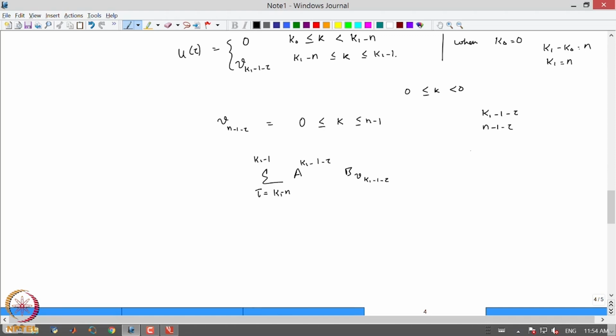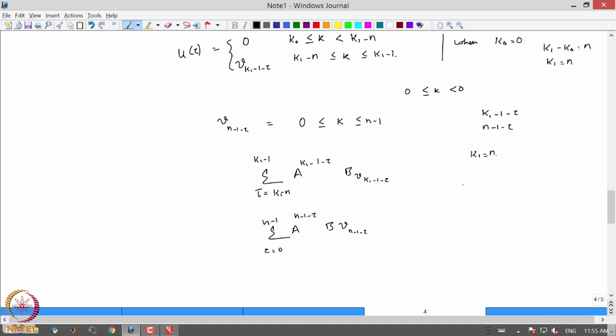Okay, what do I know? I know that k1 is equal to n. Okay, so, this will be the summation tau equal to 0 to n minus 1 of A power n minus 1 minus tau B v of n minus 1 minus tau.